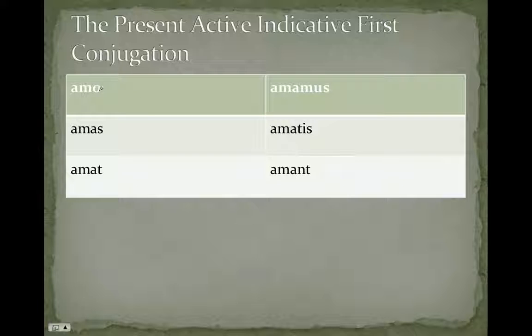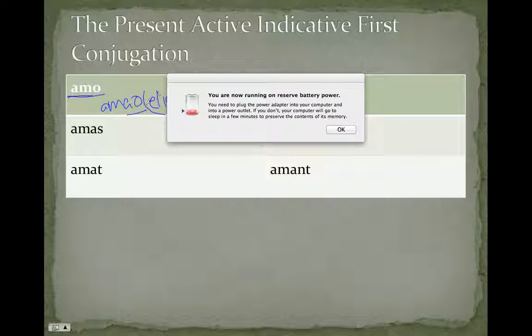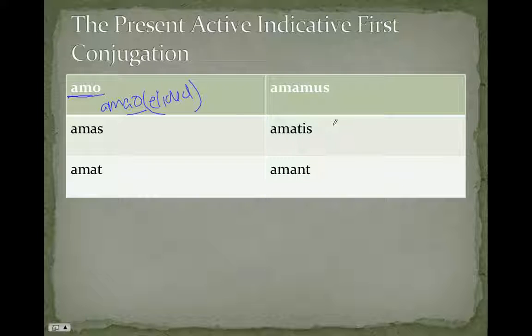Amo, I love. So amo, we take our stem. This is the one exception. I know I told you to take your stem and add an ending, but in this case, this O and this A are elided, which means that this O swallows the A, and we get amo. Or rather than elision, it's a contraction.